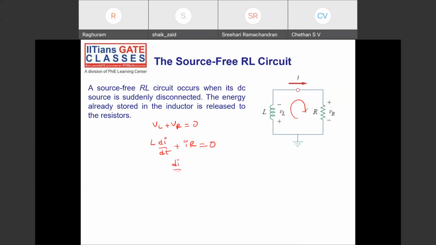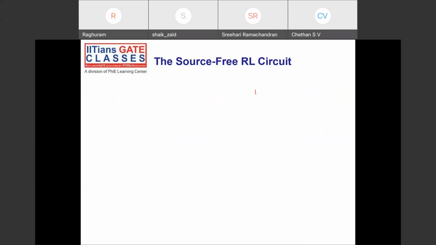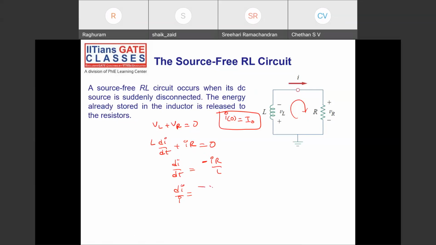Using the variable separable method, di by i is equal to minus R by L dt. The initial current i of 0 is taken as I naught. This is how you do it.